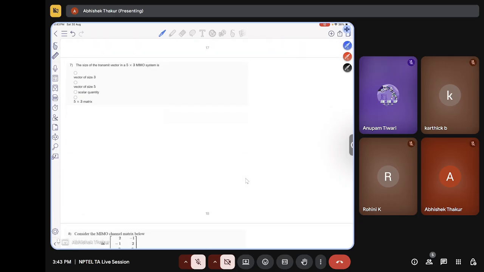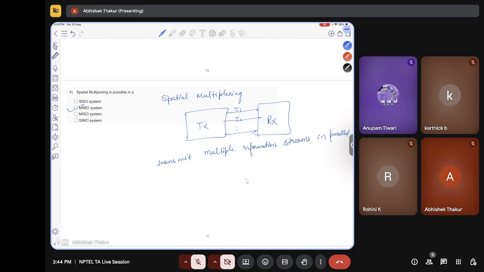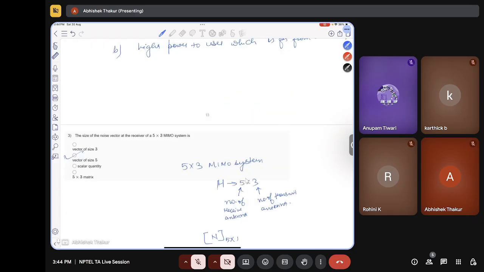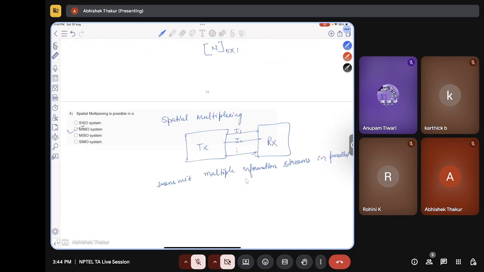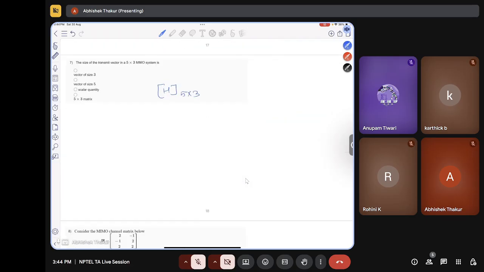Coming to question number 7. The size of the transmit vector in a 5 cross 3 MIMO system. So again, the channel matrix is 5 cross 3, because it is given 5 cross 3 MIMO system.